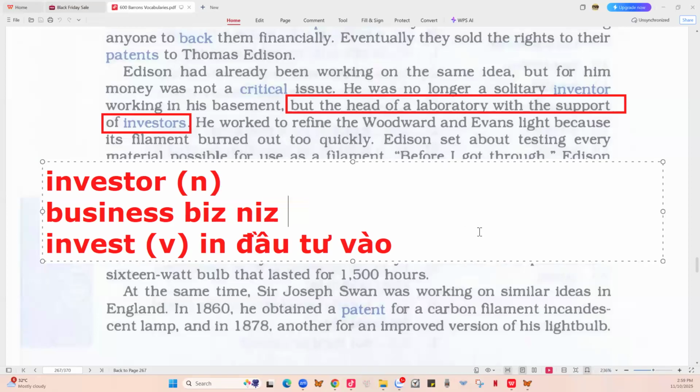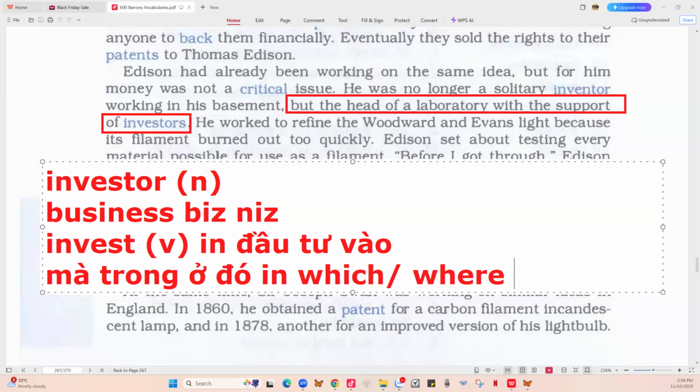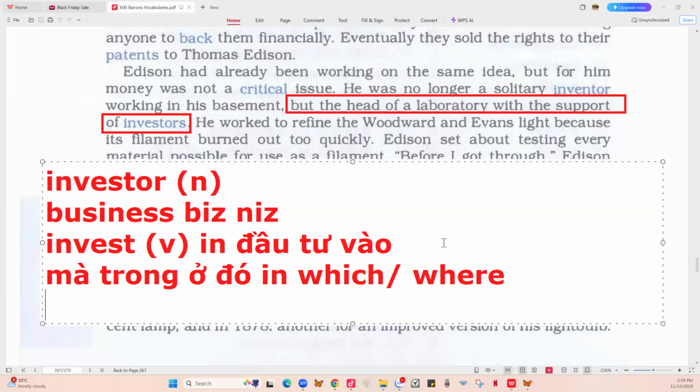The laboratory is a room or a building in which mà ở trong đó thì cái cấu trúc của từ mà ở trong đó thì mình nhớ đến cấu trúc của từ gọi là in which trong tiếng Anh. A laboratory is a room or a building in which or where you practice the experiments on something. Khi mà mình thực hành những cái buổi thí nghiệm vào cái gì đấy. Thì cái từ thực hành trong tiếng Anh gọi là practice. Luyện tập của là practice. After that, we use a noun in English.